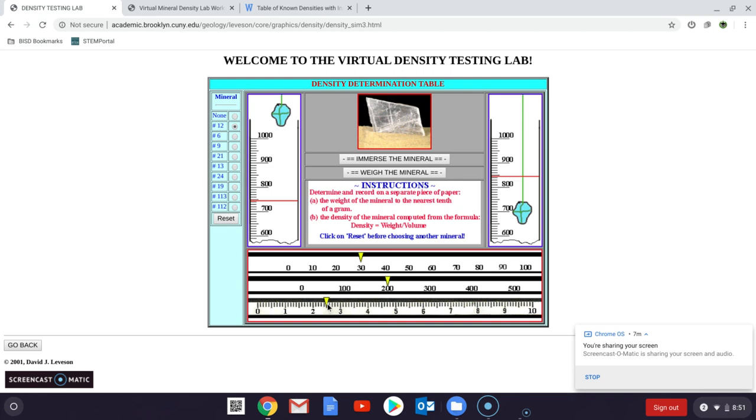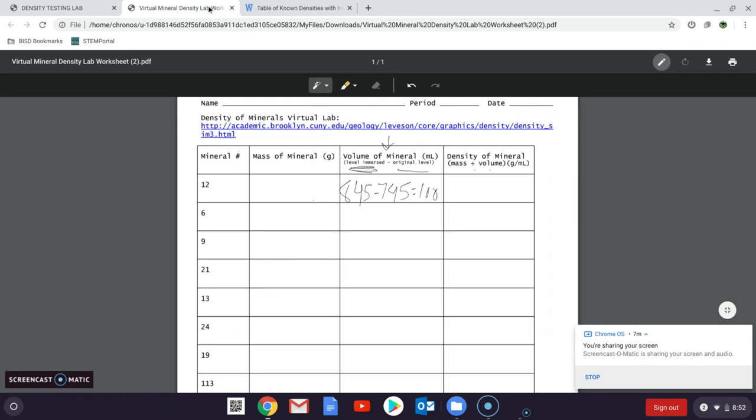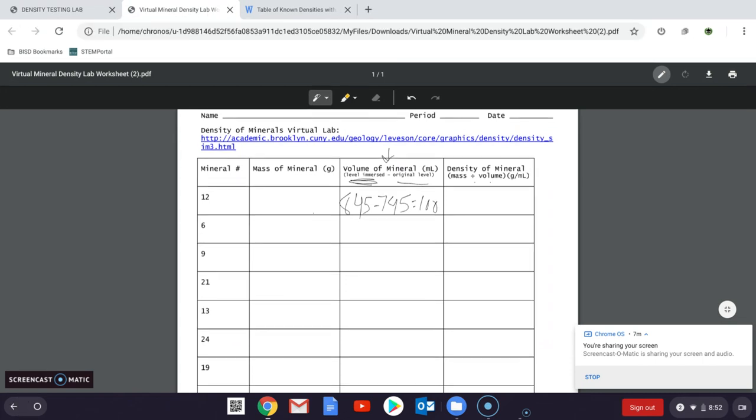So if we were to take that, it's 232.5 grams. Let's go ahead and put that on our worksheet. 232.5, it's a decimal point, 0.5 grams.